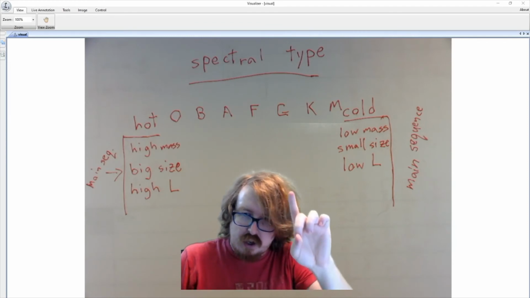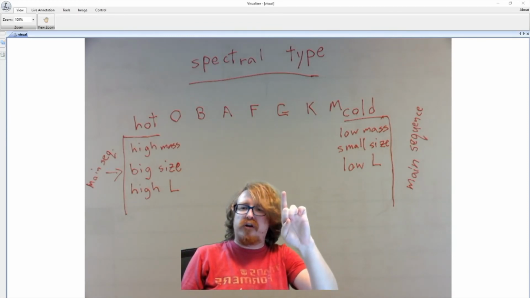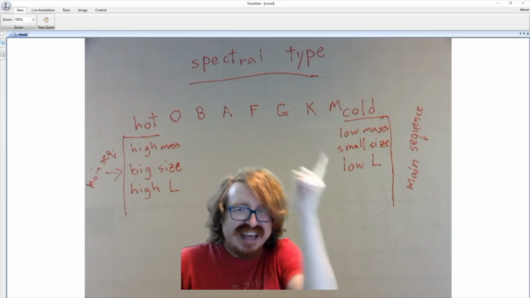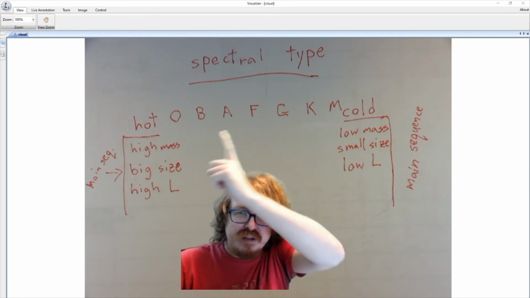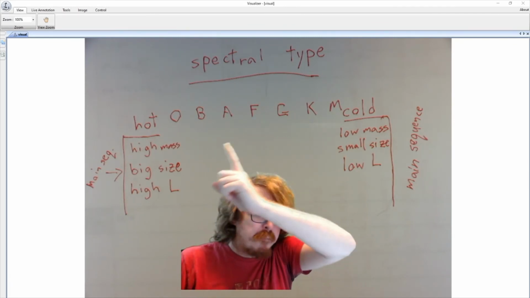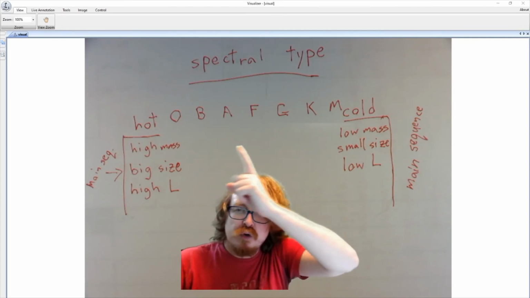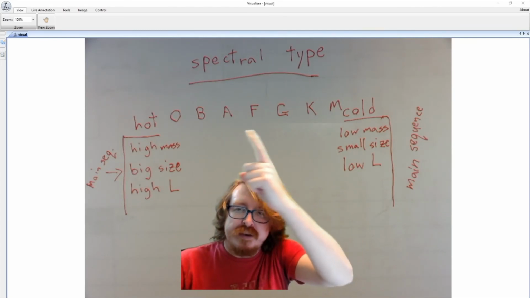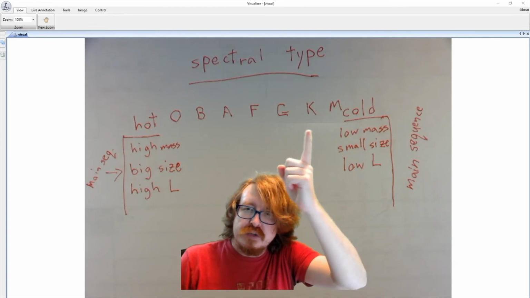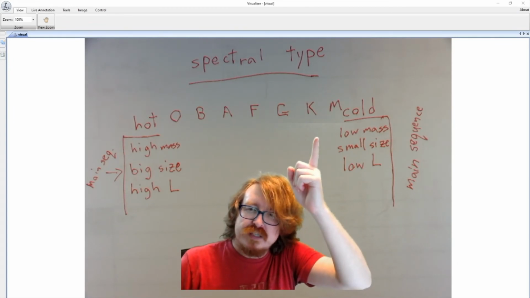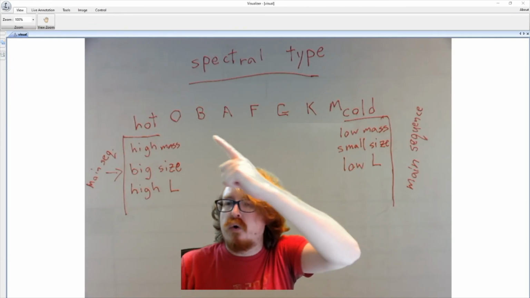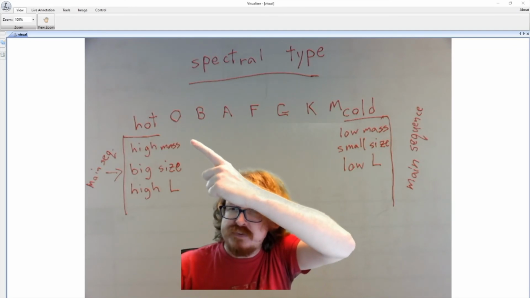Let's put the final type of question. Here we go. Last bit of info. There's billions of all of these things out there, but they're not all just as common. Which side would you expect to be more common? M stars, the small, dim, cold ones, or the big, hot, bright ones like the O's?